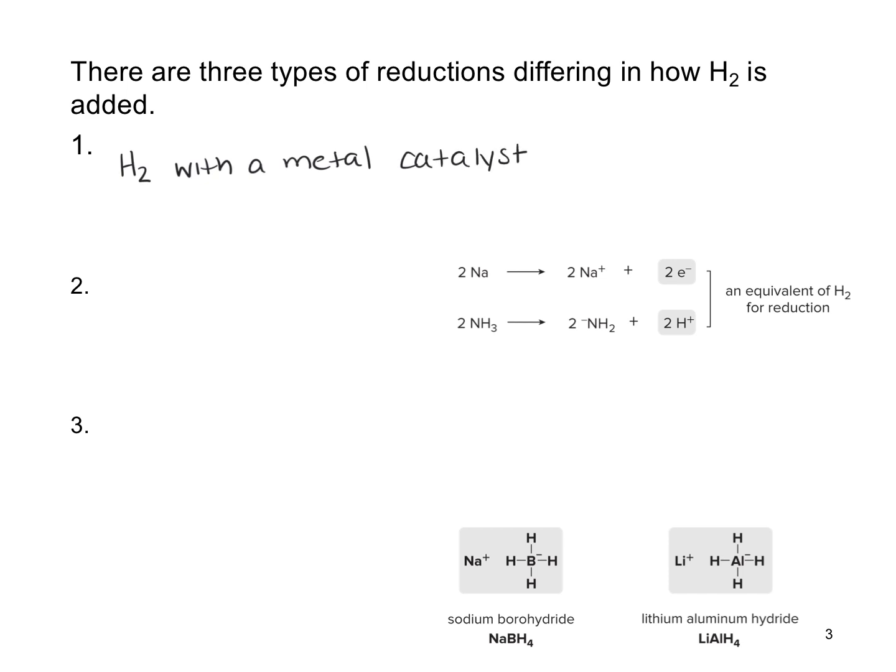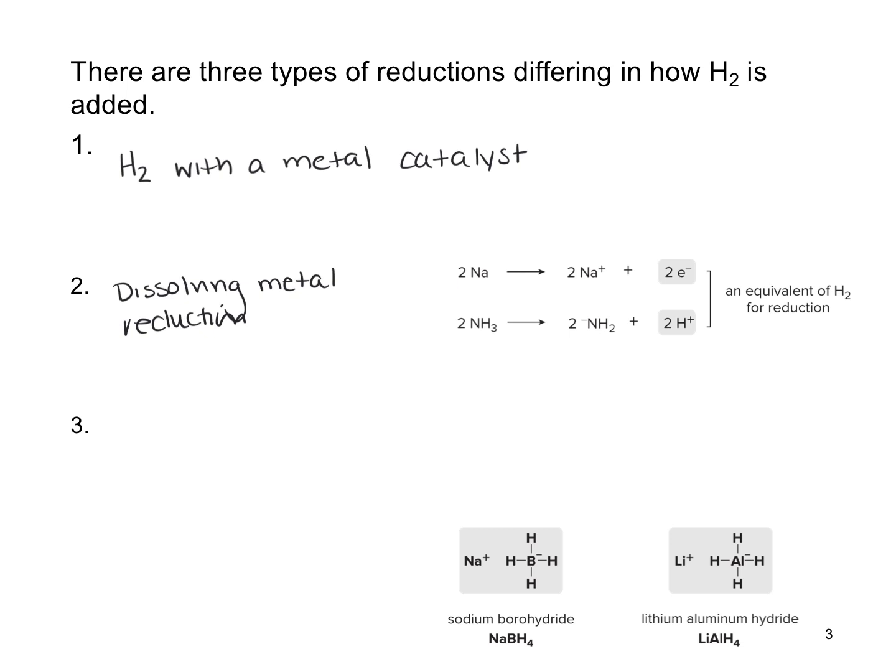The second way you can do this is to use a dissolving metal reduction. In this reduction, alkali metals are used as a source of electrons, and liquid ammonia is the source of protons. This is the second type that we're going to talk about.